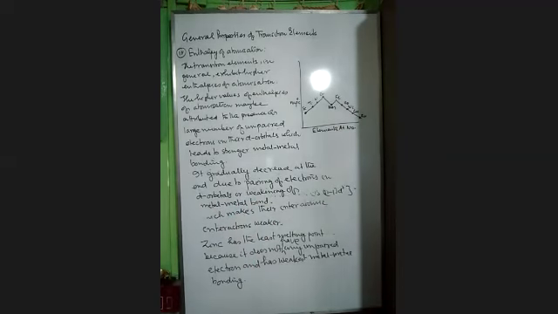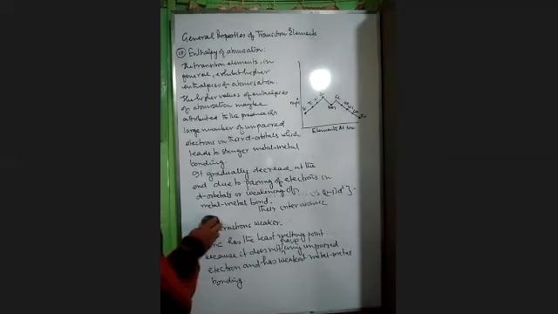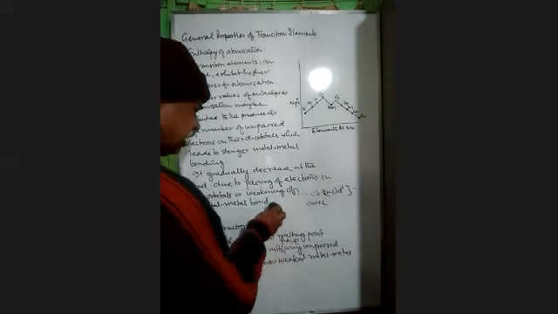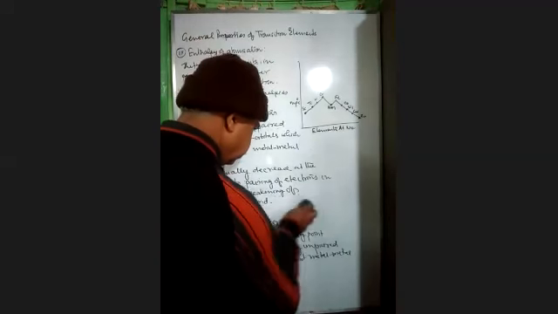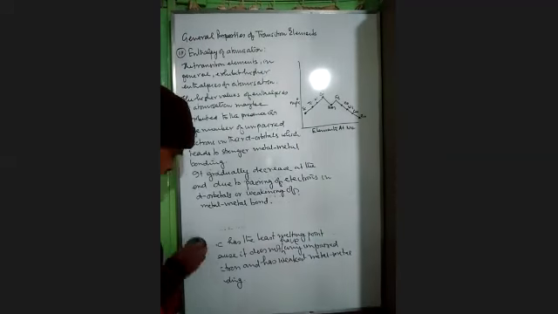Remember, because as the number of unpaired electrons decreases, bonds also become lesser and lesser. Okay.